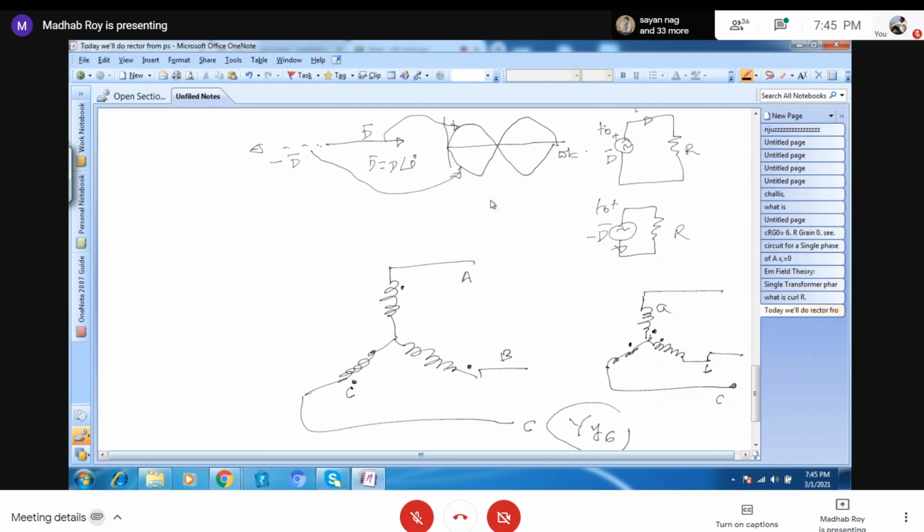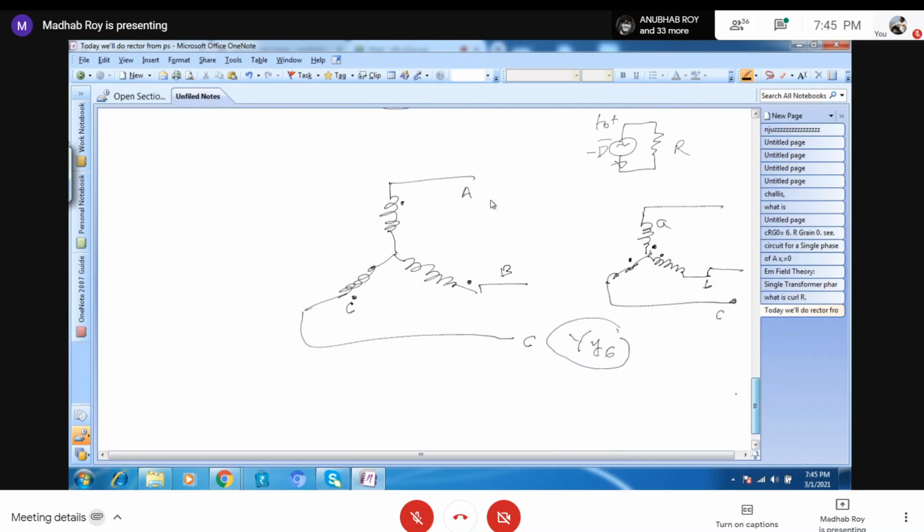Now I can say that you have understood what is the physical significance of the YY6. So this is also a connection we can make using the concept of YY6.